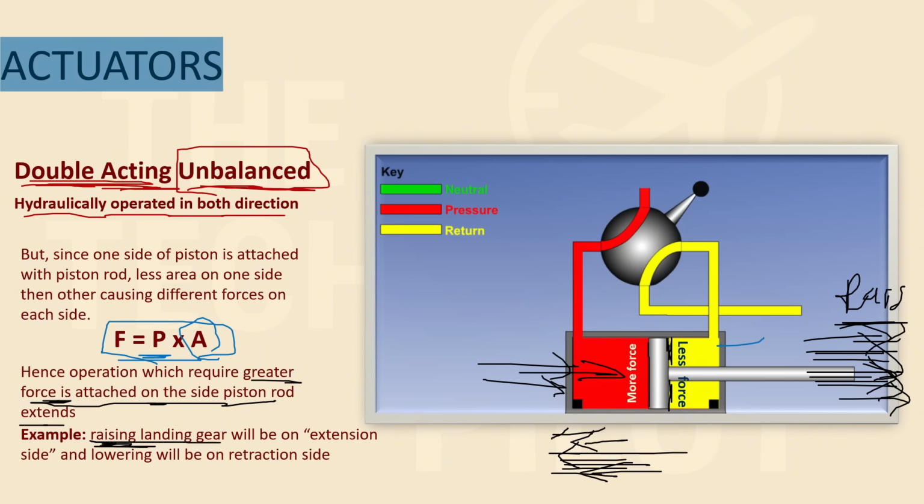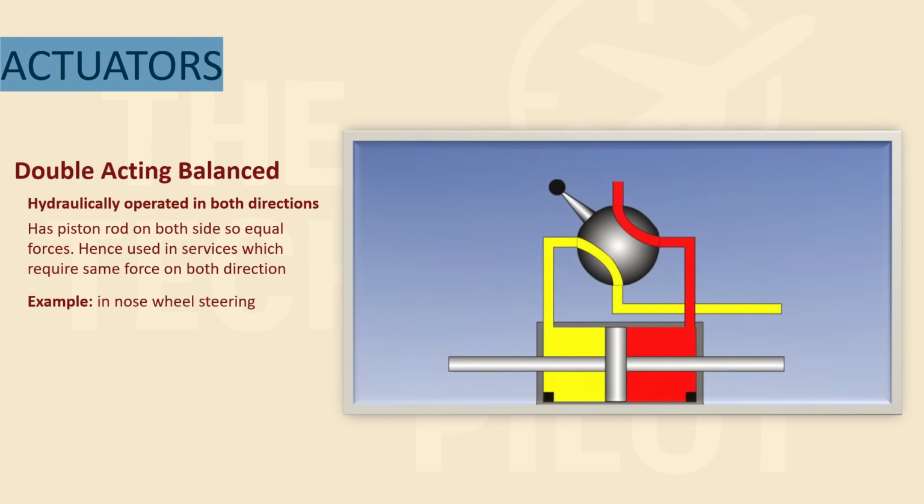And similarly, we have double acting actuators. So double acting balanced, right? As the name suggests, double acting, both sides will be controlled by hydraulic fluid and it is balanced.